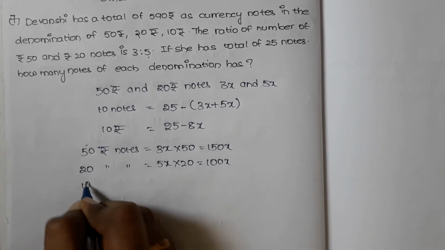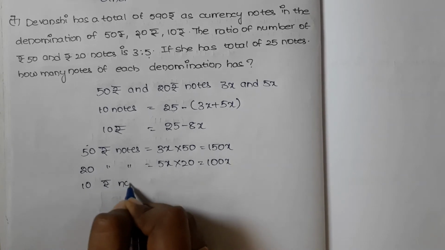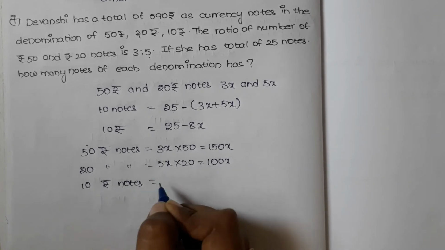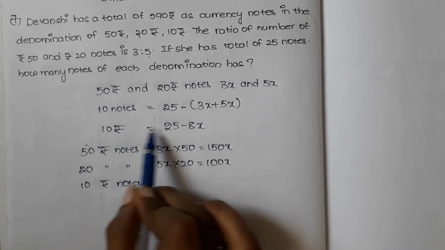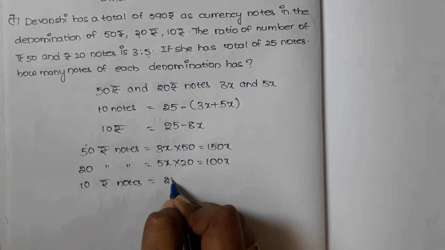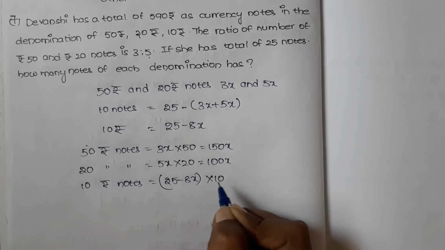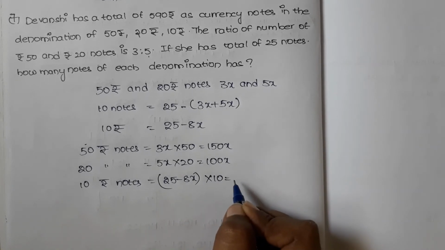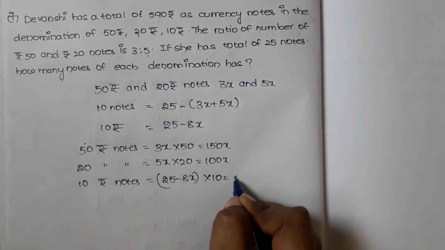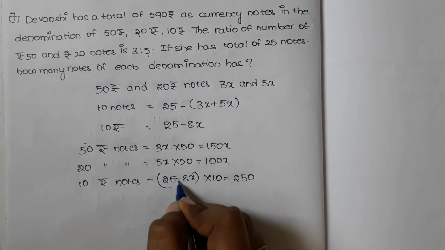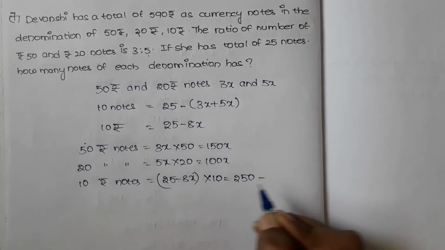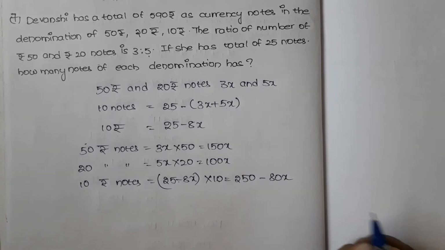And now 10 rupee notes equals to 25 minus 8x into 10, that equals to 25 into 10, 250 minus 8 into 10, 80x.